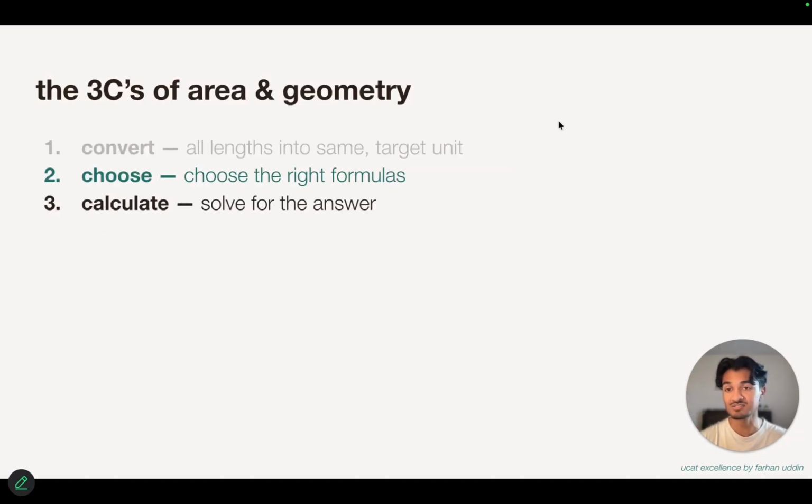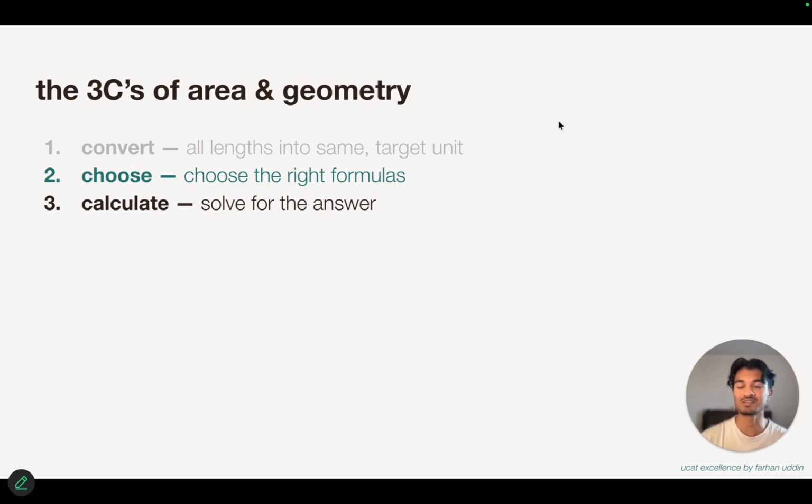This is the reason why convert is step number 1, because even if you do the conversion later after your calculation, I still need you to think about conversions at the top of your mind. As soon as you go into an area question, you think about conversions because this is where so many people mess up. They're not all that difficult. It's just the conversions and the stress of time that keeps us from getting the full marks that we know we can get. Okay, so that's what I want to say for conversions.